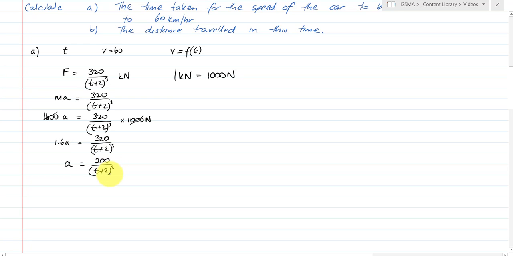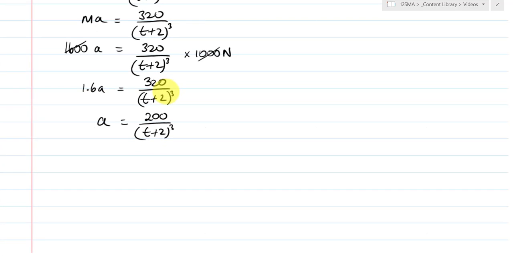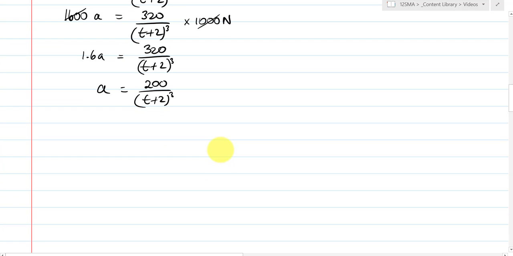So I've got my acceleration in terms of time, and now this is the bit where we have to go back to our work with acceleration and recognize that dv/dt is equal to 200 over (t plus 2) cubed.